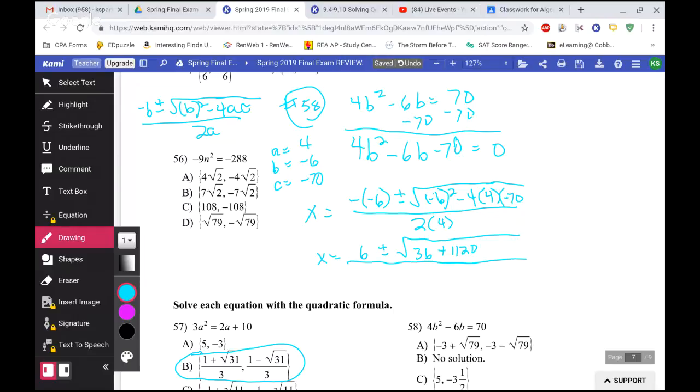Is that what y'all got? Have y'all done this one yet? Would the 36 be a negative? No. Remember, if you're putting this in your calculator and you're squaring a negative number, you have to put it in parentheses, because a negative times a negative is always a positive.